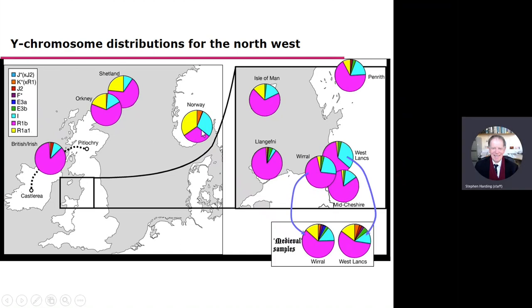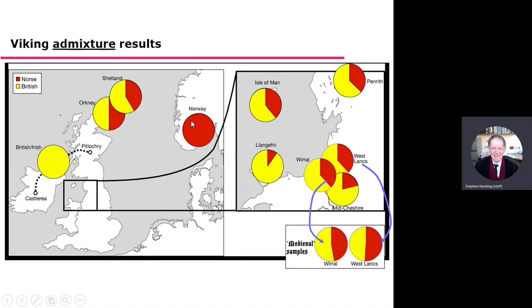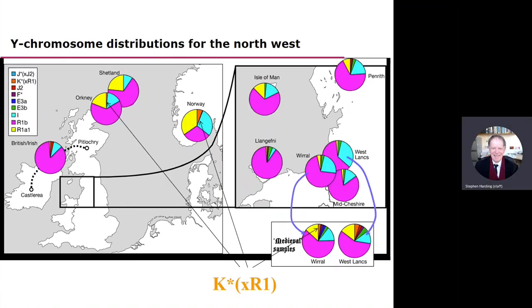Now, these groups appear commonly elsewhere in Western Europe, but this group here, R1A1, tends to occur in Western Europe only in significant numbers in Norway and areas that have been settled by Norwegian Vikings.